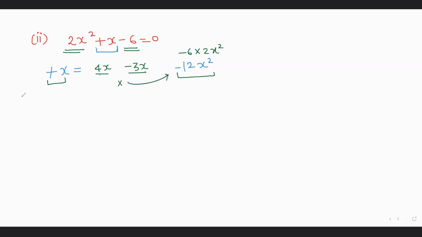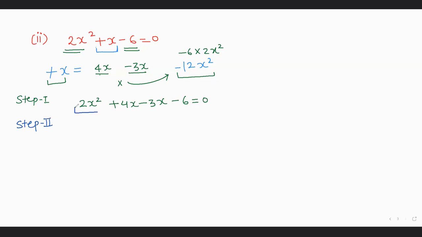So now step number 1, students: 2x square plus 4x minus 3x minus 6 equal to 0.